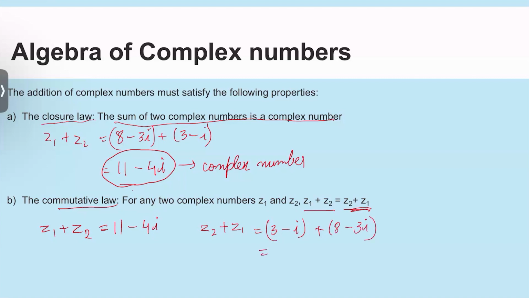If you again separate the real parts and the imaginary parts, you're again left with 11 minus 4i. Therefore, the commutative law also holds good when we are adding two complex numbers.